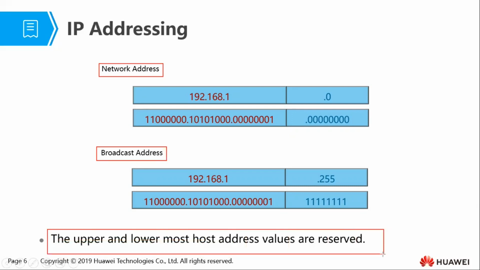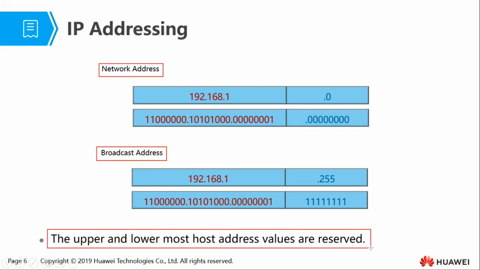The upper and the lowermost host address values are reserved. You cannot assign them to a host. Why? Because they are used to define the network. The network address is used to define that network. On the other hand, the broadcast address is used for sending a broadcast packet. When you want to send a packet that everyone will process, you use the broadcast address for that particular network.